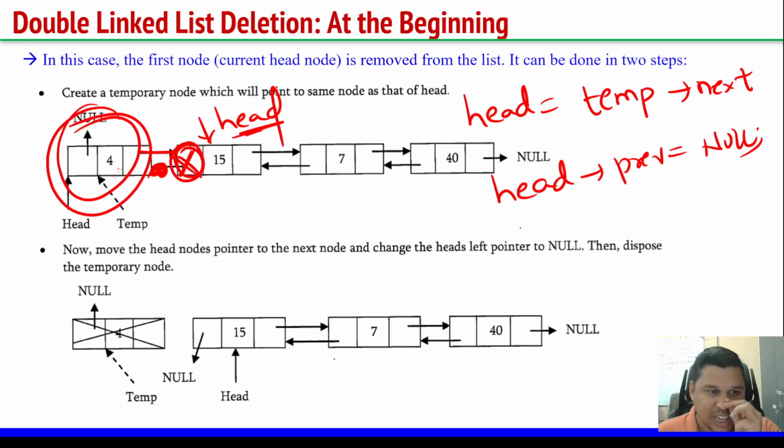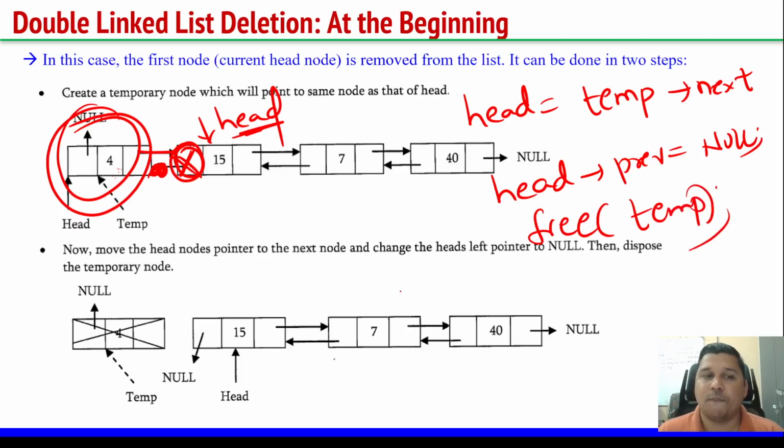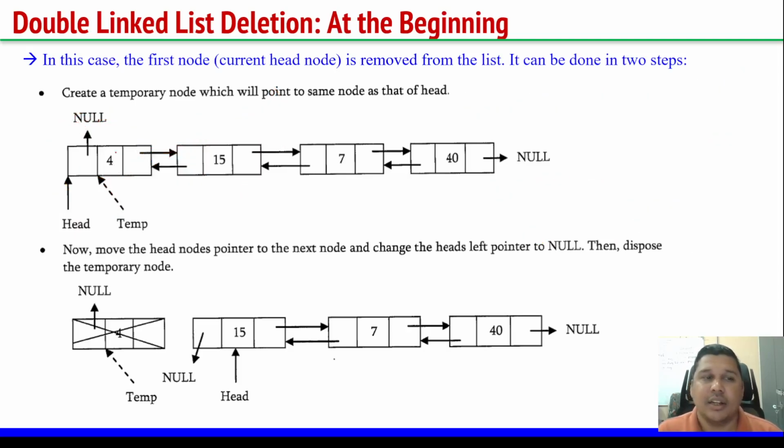Now, you free this. How do you do that? Free of temp. With this we will be able to delete an element from the beginning of a double linked list. If you see the logic again: take a temporary pointer, let it point to the first element, take its next, make this your head and make the previous null, that is it, job is done.